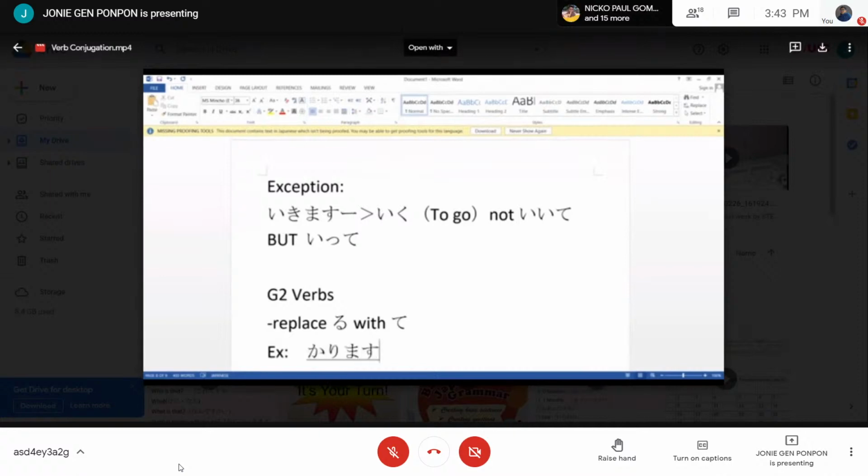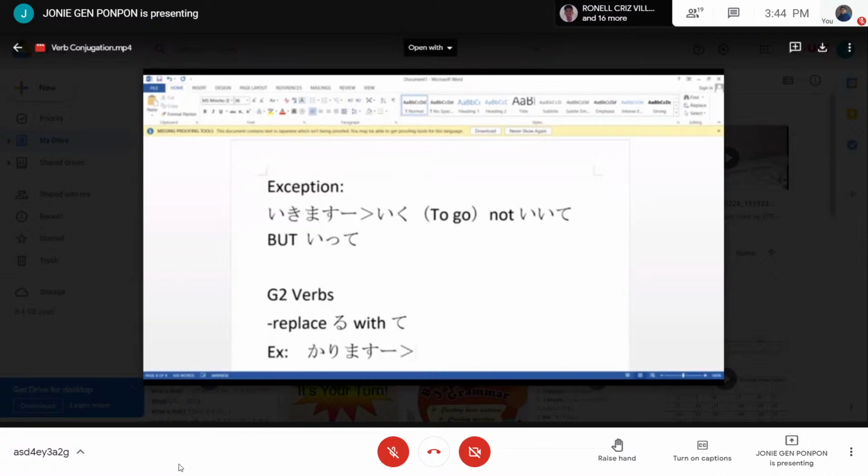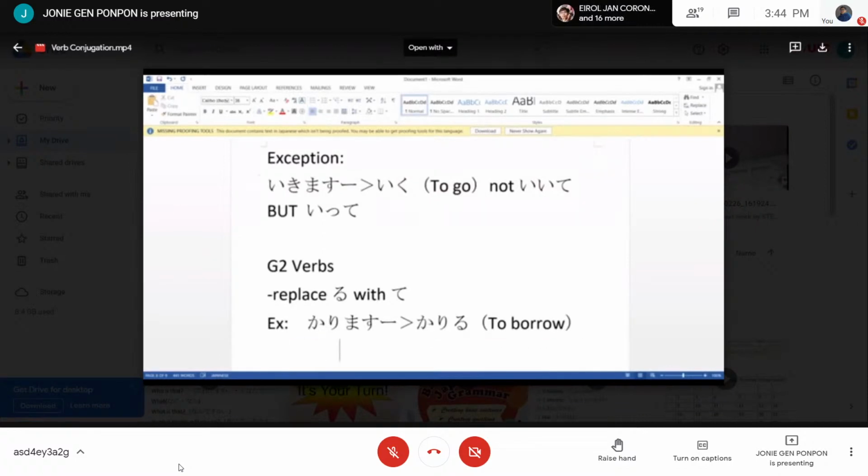Another example na lang. Karimasu. Okay, so this one is a special verb. Karimasu is a group 2 verb. Okay, though it ends in i sound, but no. This one is kariru. So, kariru meaning to borrow. Okay, to borrow. So, just replace ru with te. So, it will become now karite for the group 2 verbs.